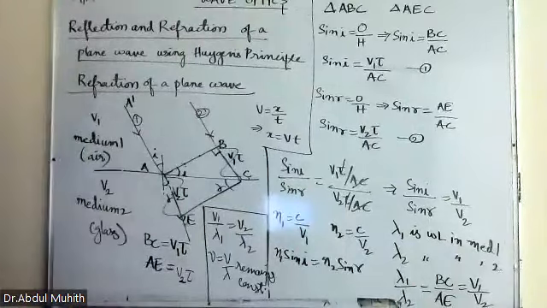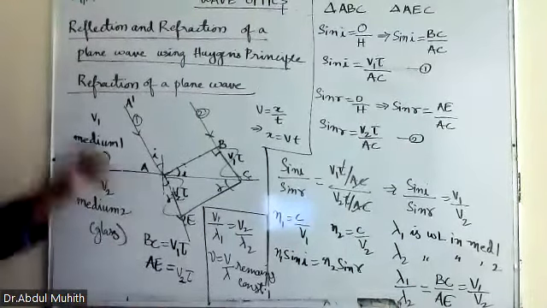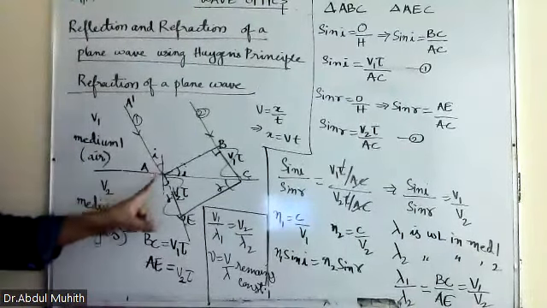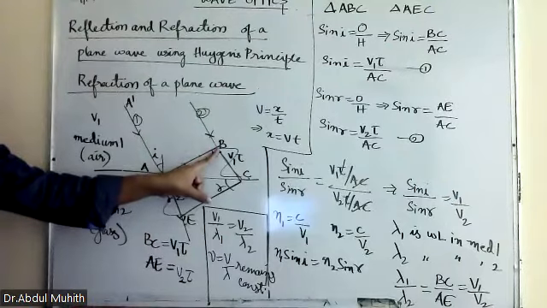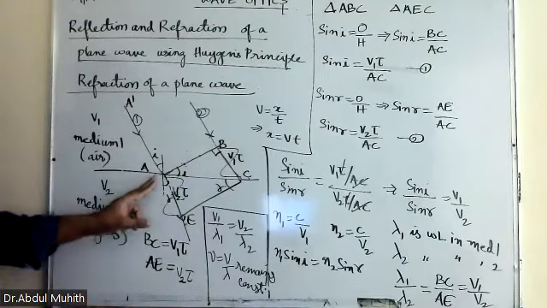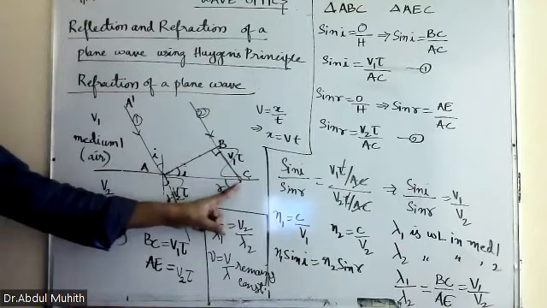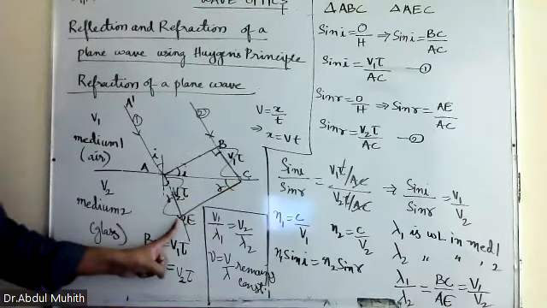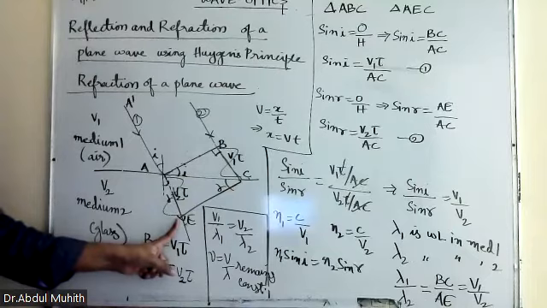When the second ray touches the interface, the first ray has already traveled a certain distance in the glass medium.